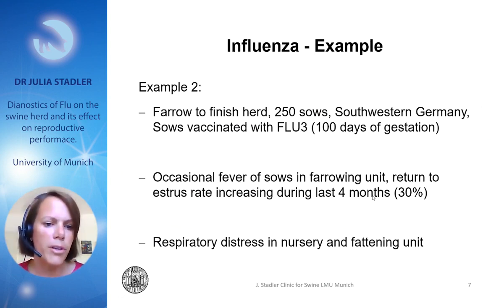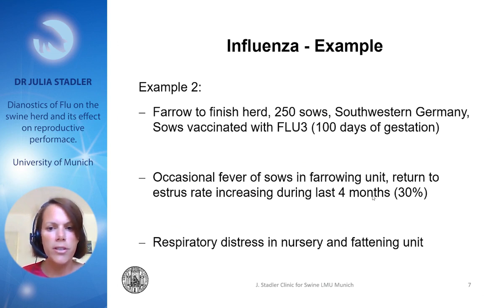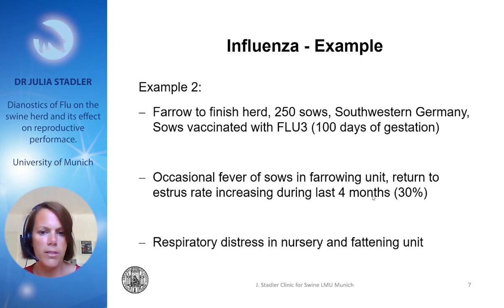The farmer reported occasionally occurring fever in the sows in the gestation unit, and the return to estrus rate has increased during the last 4 months, formerly 10% to 30%. Additionally, respiratory distress was observed in the nursery and in the fattening unit in terms of coughing, sneezing, and dyspnea.